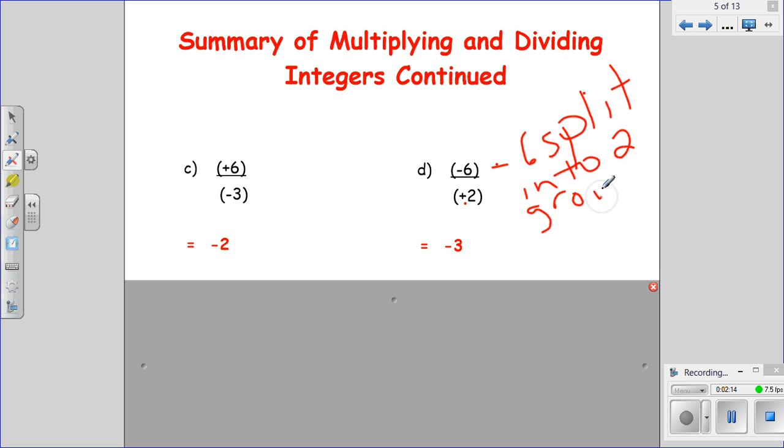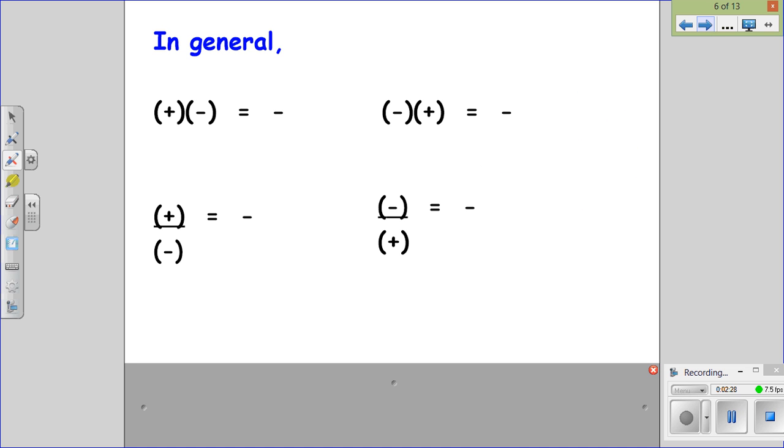Well, that means I'm going to put 3 negatives in each group. So again, negative divided by a positive is a negative. And similarly, a positive divided by a negative will be a negative. In general, whenever we have two digits with opposite signs, either multiplied or divided, we will always have a negative result.